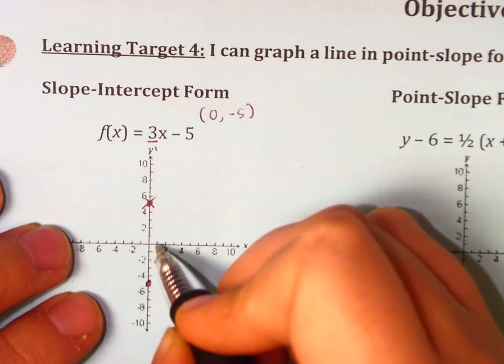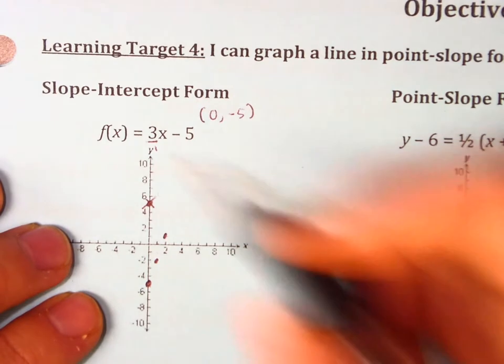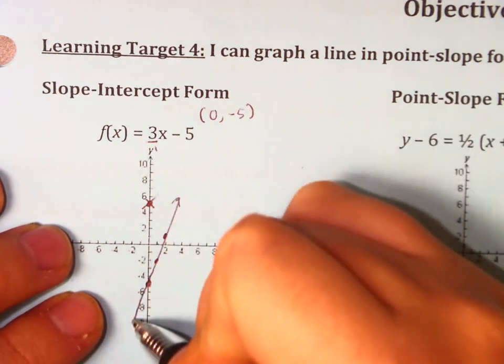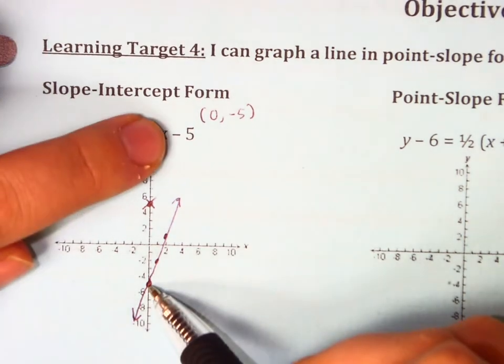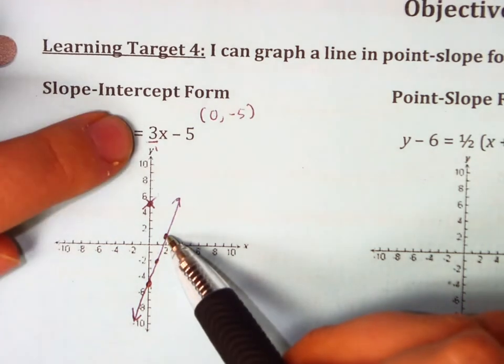Up 3, over 1, make a dot. And there's my line. So I had my starting place at the y-intercept, and from there, I followed my slope, up 3 over 1.